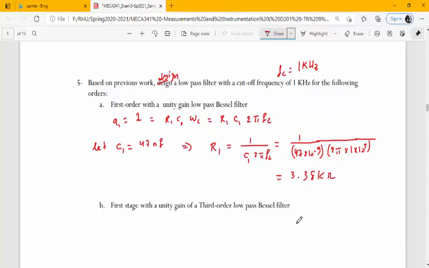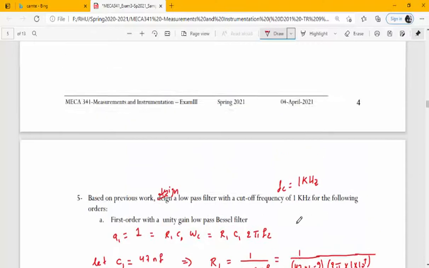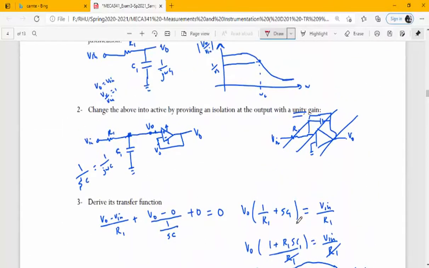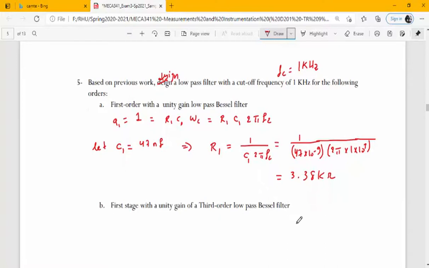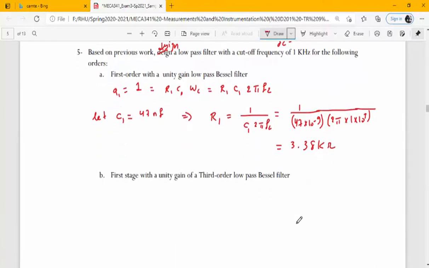So if we put the capacitance of 47 nanofarad in the above circuit, and the resistance of 3.3 kilo ohms, then this would be a first order filter, and this is called a low pass passive filter. And therefore, okay, with a unity gain, with a unity gain.